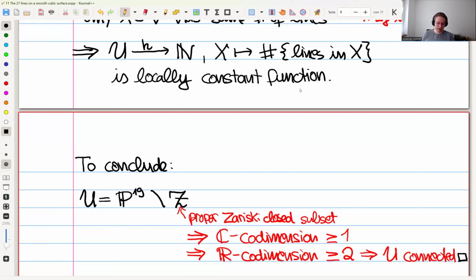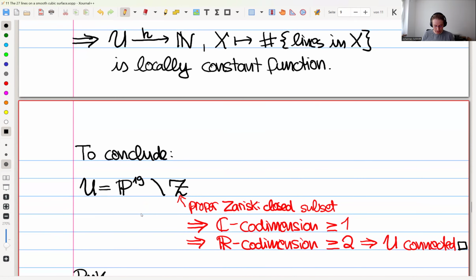And so then every cubic has to have 27 lines. And so we just have to show U is connected. Now we have actually seen in the Zariski topology, U is even irreducible. But somehow the Zariski topology and the classical topology, comparing them can be a bit difficult. So let's give a separate argument why U is connected in the classical topology.